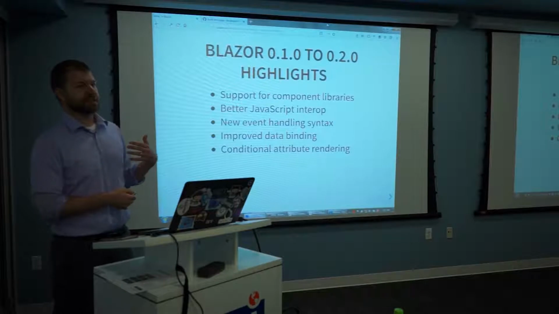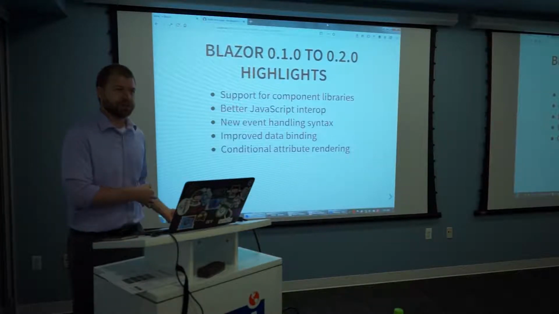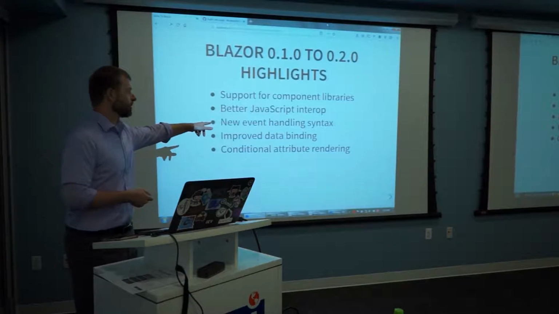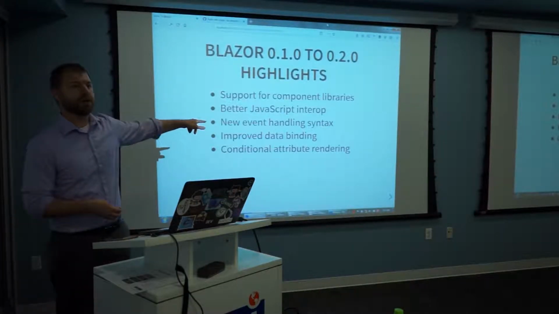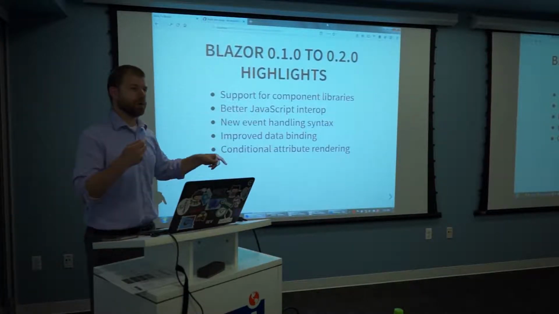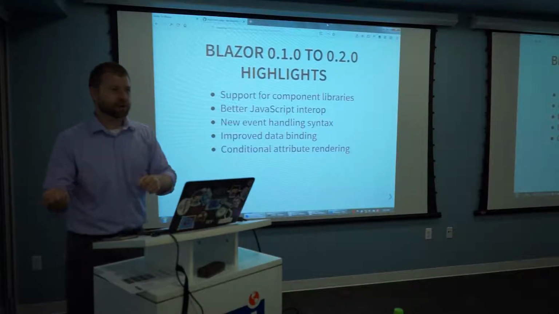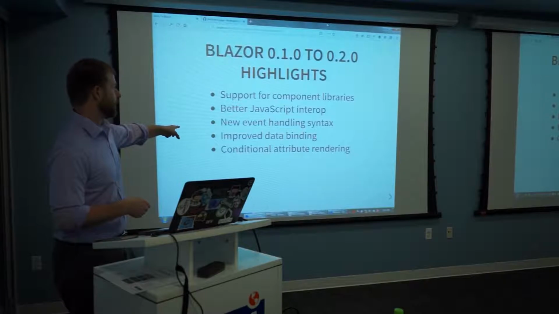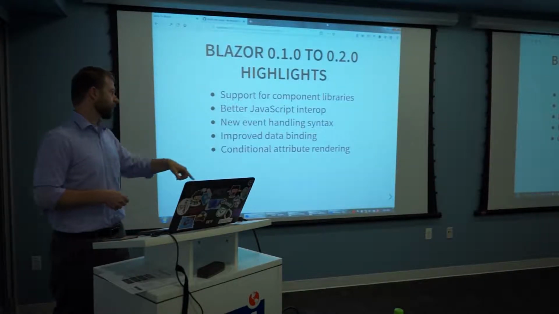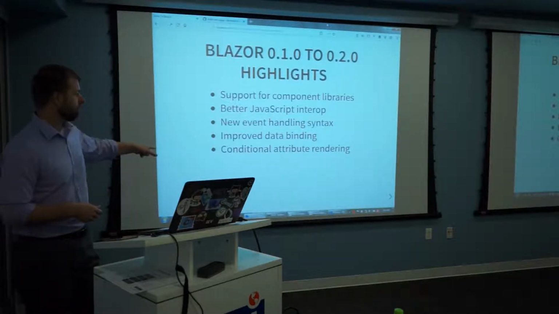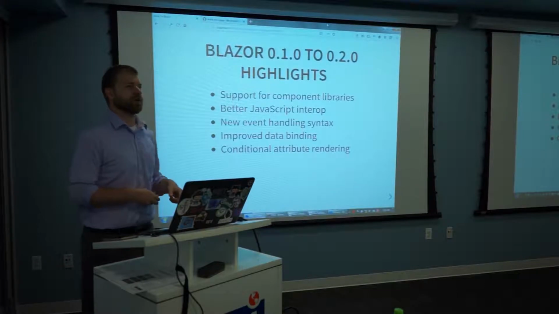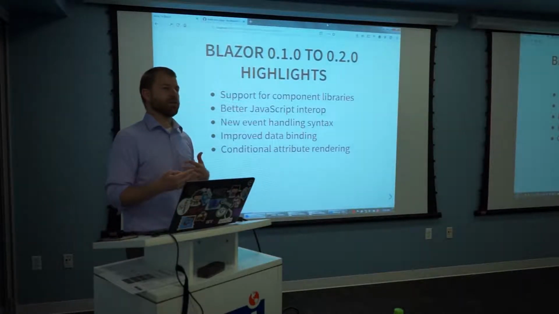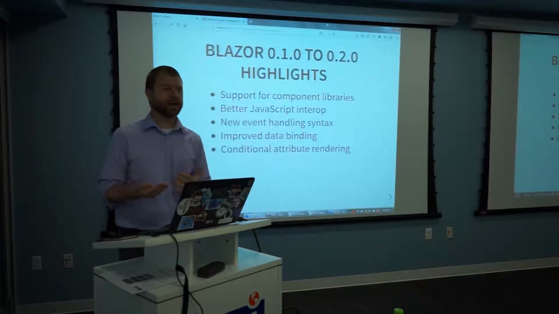And Blazor understands component libraries versus components that are part of your app. The JavaScript interop story was completely rewritten. Now we've got that whole register invoke setup. Before it was a lot harder to do that. Brand new event handling syntax, brand new data binding syntax, and new conditional attribute rendering, where it will render or not an attribute depending on whether the value of that attribute is null or not.